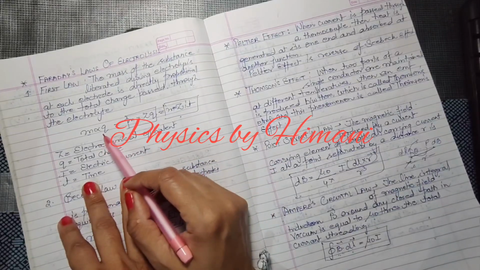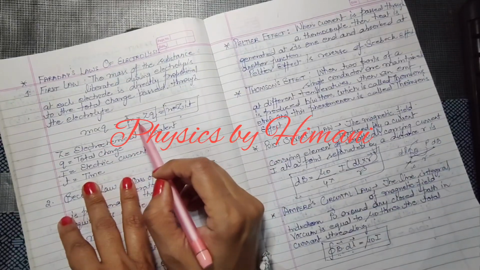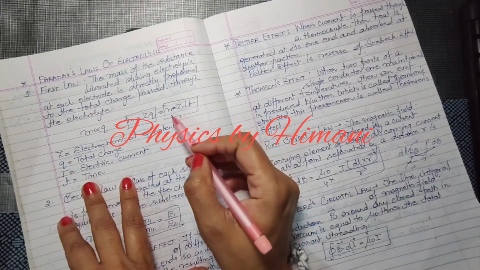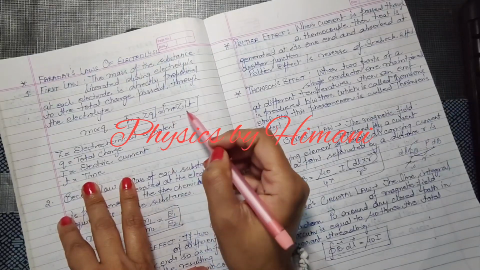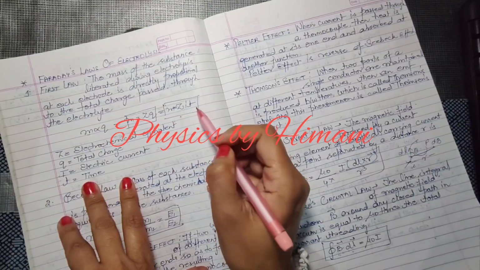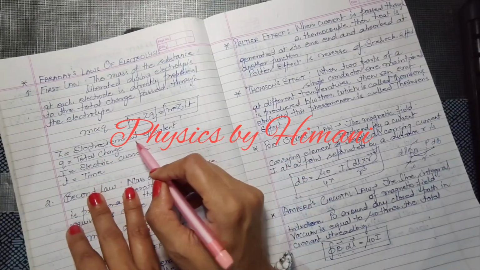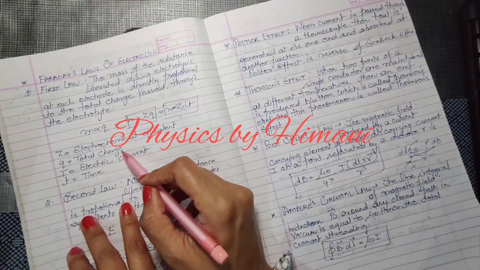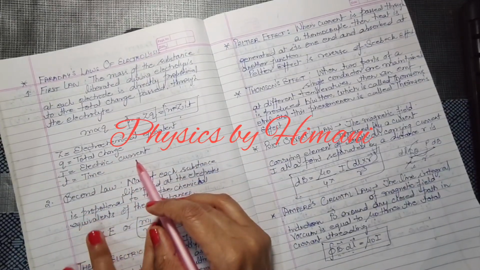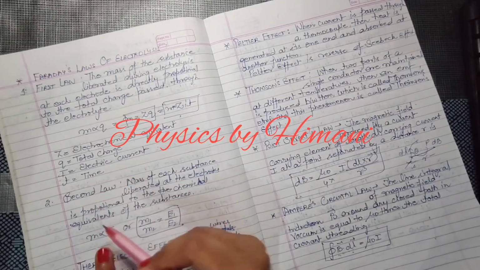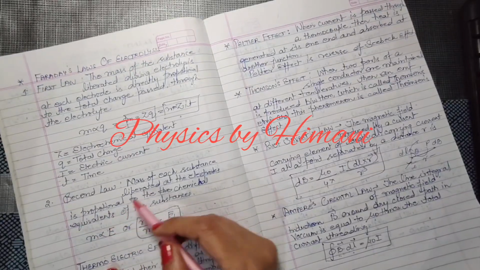Then we remove the proportional sign, we get m is equal to zq, or value of q is it, m is equal to zit, where z is electrochemical equivalent, q is total charge, I is electric current, and t is time.